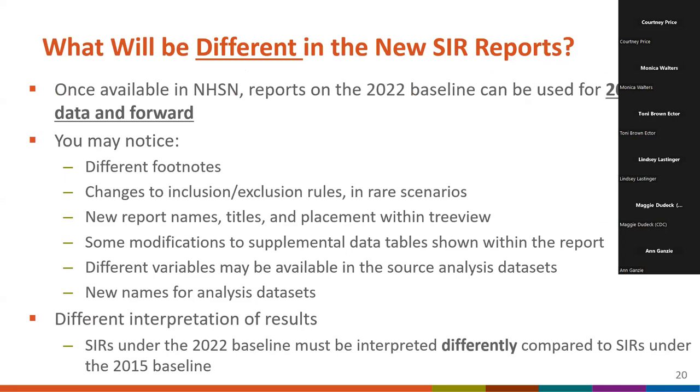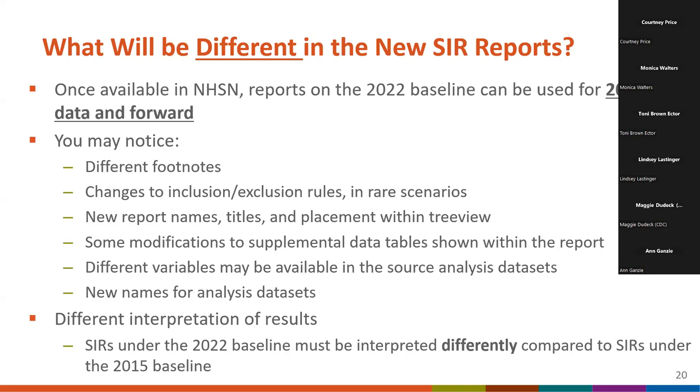Okay, so now that we have talked about what is staying the same, we're going to talk a little bit about what will be different in the new reports. The first bullet here is emphasizing the time period of data that you can use when analyzing SIRs on the new baseline. When you run reports on the 2022 baseline, you can do that for your 2022 HAI data and forward.